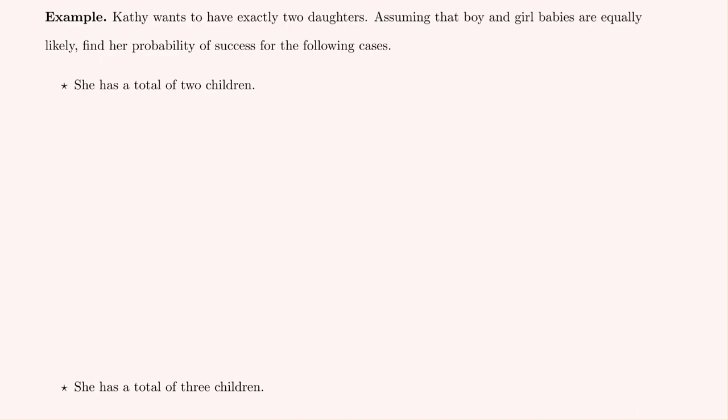Now, we've done this with our diagrams, but we could also give quick variable names. Let's let having a boy be B, having a girl be G. The possible outcomes, if there are 2 children: she could have a boy first, followed by another boy, or a boy first, followed by a girl, or a girl first, followed by a boy, or a girl followed by another girl.